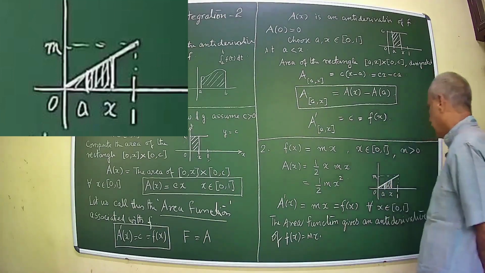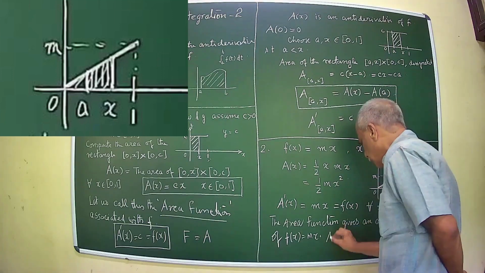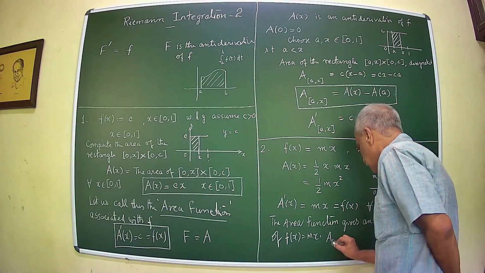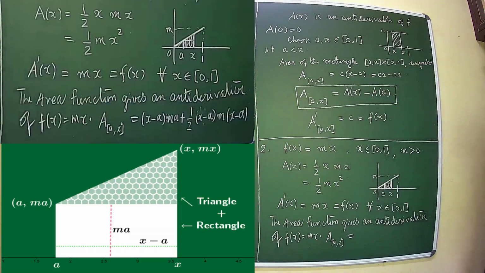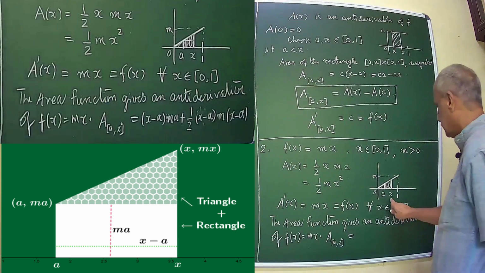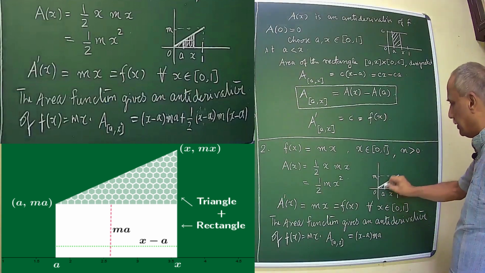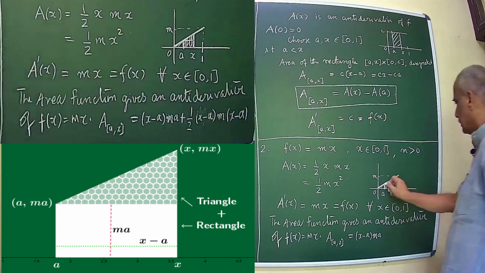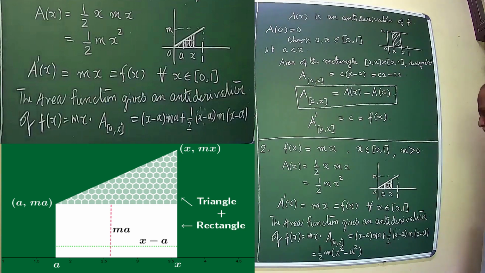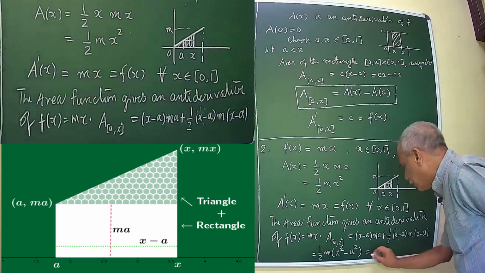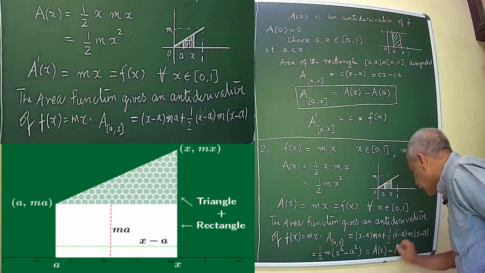We computed the area of the trapezium and called that A, same notation we use, and this is equal to, now you see there are two things here. One of course x minus a into ma, same ma, because this height is ma, and then this triangle, so plus half of, and one observes that this is again equal to a times x minus a.